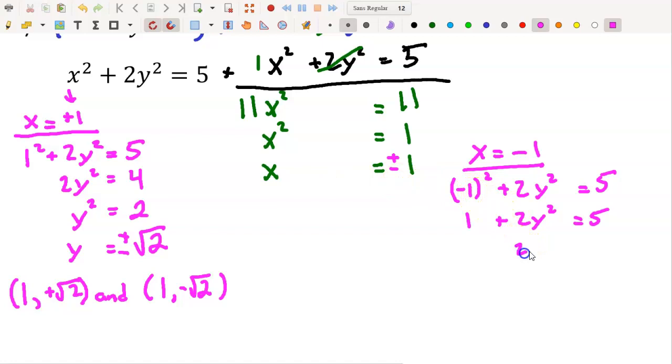So the work looks identical. So we'll have the same thing going on here, dividing by 2, taking the square root, getting plus or minus root 2 once again, but the x's are now -1. Over here they're positive ones, over here they're negative ones. So when you see this going on, it just means graphically in your answer, it's going to be very symmetrical.